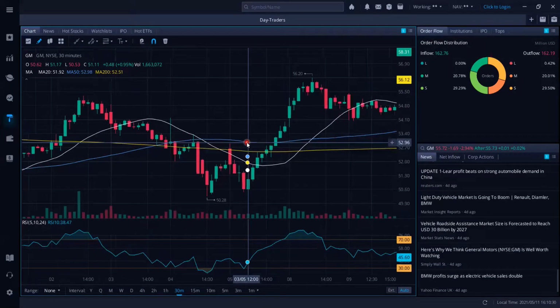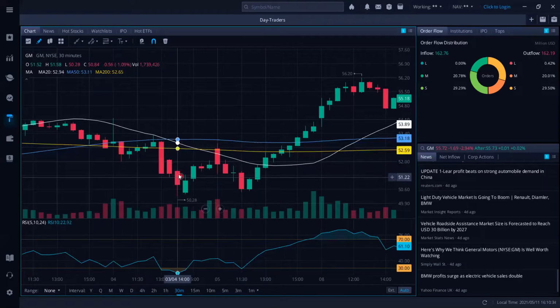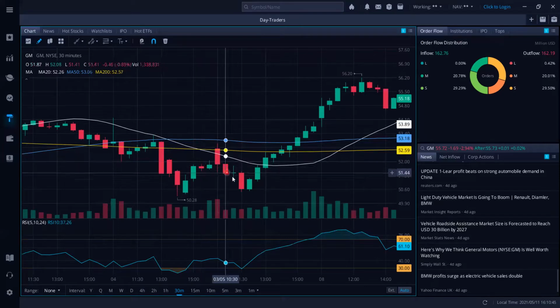As we approach this particular area, one of the things that lets us know what's going on is that our moving averages are coming down here, so we don't get in here.